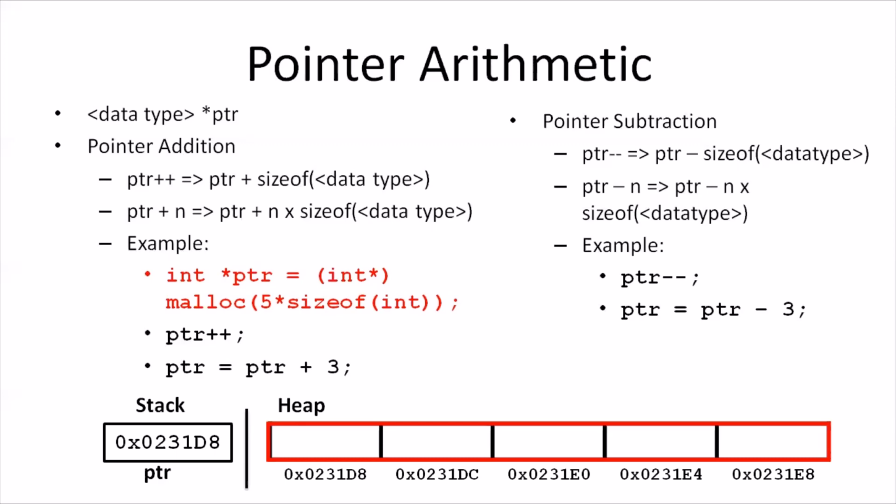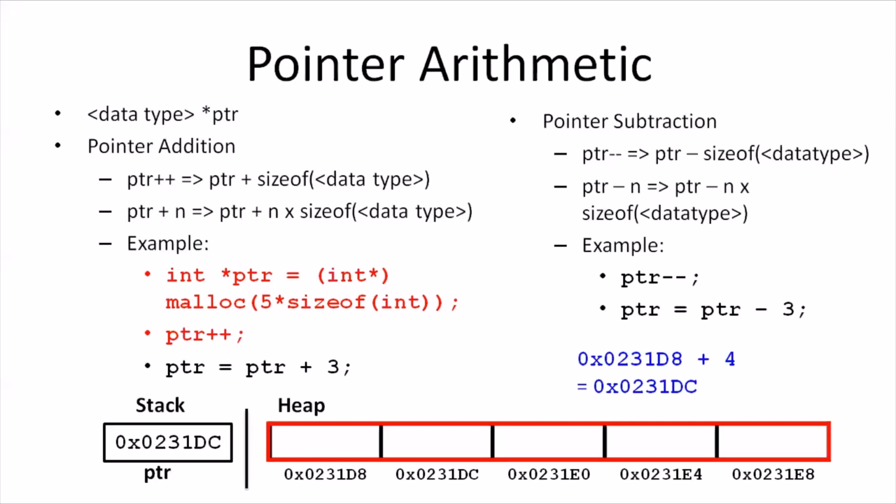The assignment creates the link between the variable ptr stored in the stack memory and the memory chunk in the heap memory. Since ptr is a pointer to an integer, on incrementing ptr by 1, that is on executing ptr++, it will increase its contents by 4. Here, 4 is considered to be the size of an integer. Thus, on executing ptr++, the content of the variable ptr will become 0x0231DC.